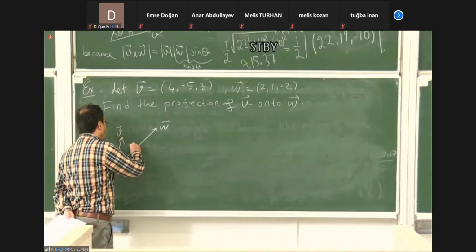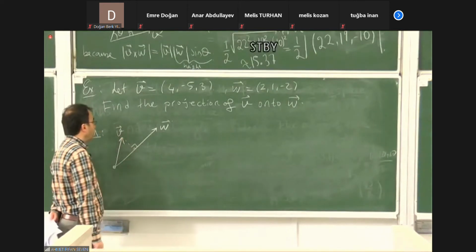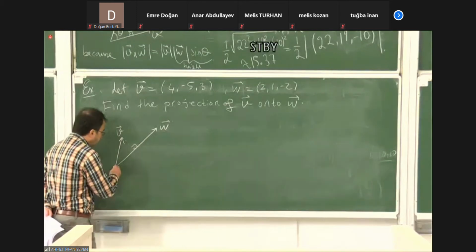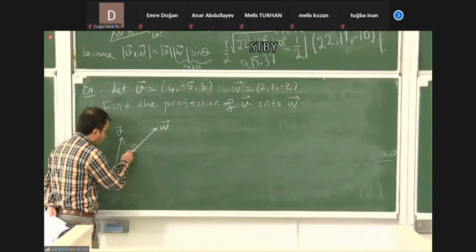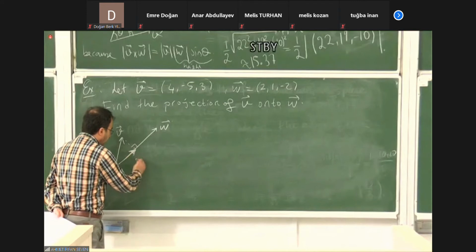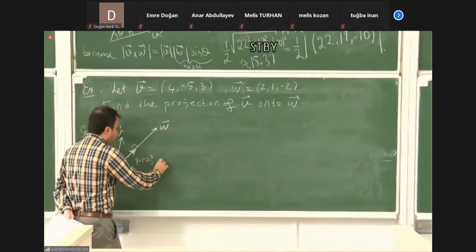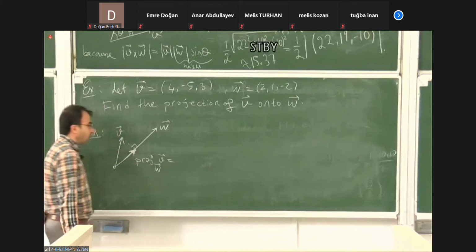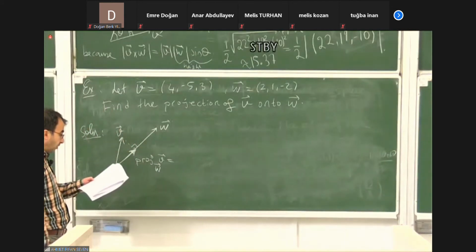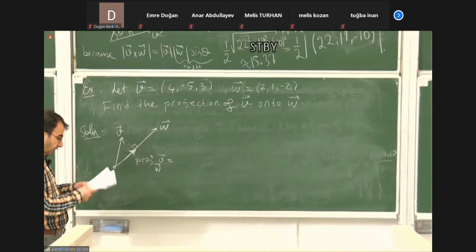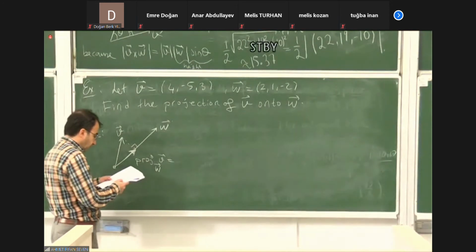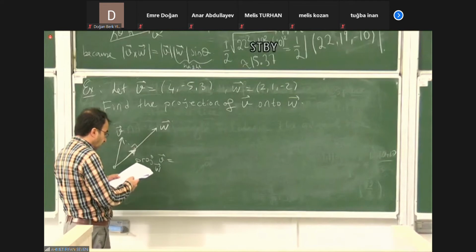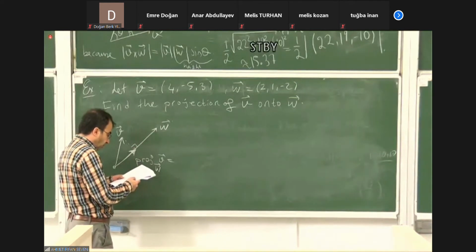So you see that the projection of V onto W will be this vector here. So our formula will be the following.